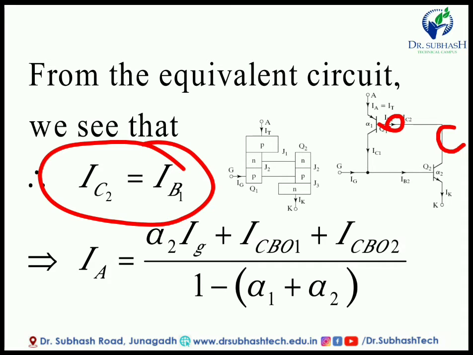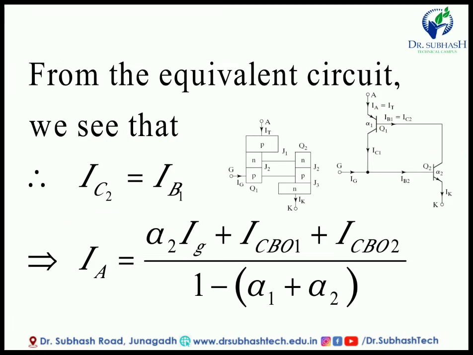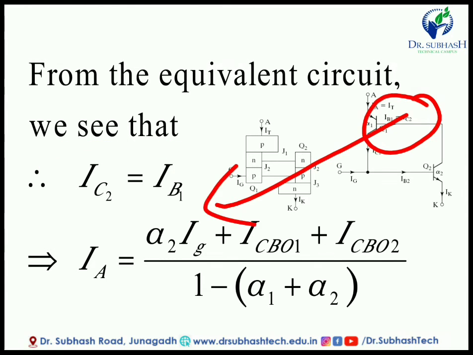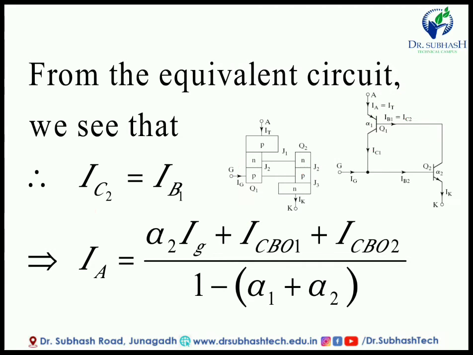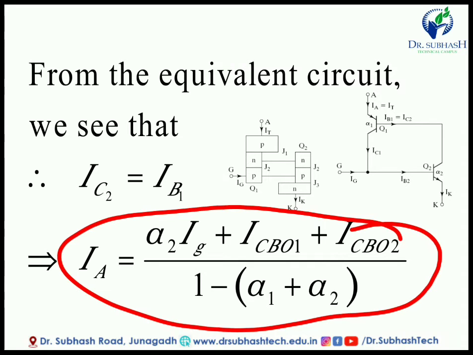So IB1 is equal to IC2. Therefore IA is equal to alpha 2 IG plus ICBO1 plus ICBO2, divided by 1 minus (alpha 1 plus alpha 2). This is the simplified form of IA.